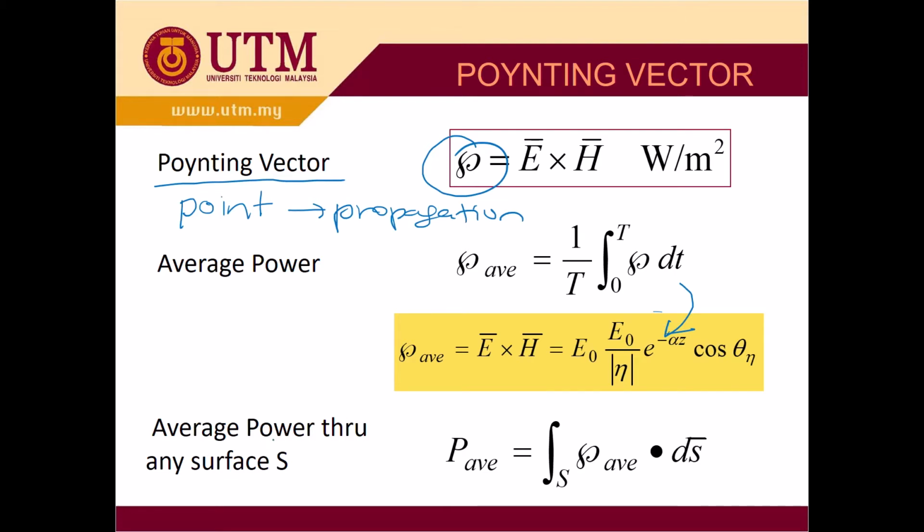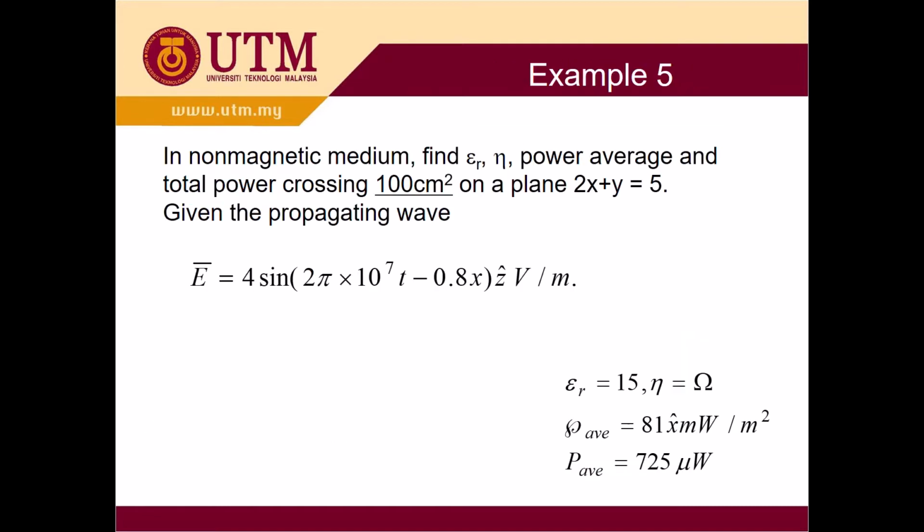The average power through any surface can also be solved by using P average, and we integrate over the surface. So please look into detail at how to derive this, and you have to know how to do the integration of sine or cosine, depending on the questions.